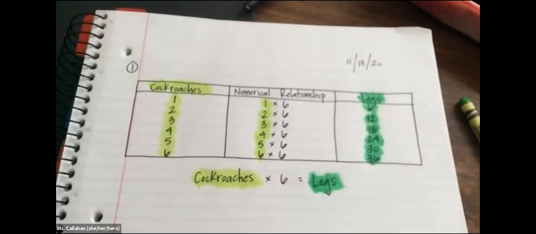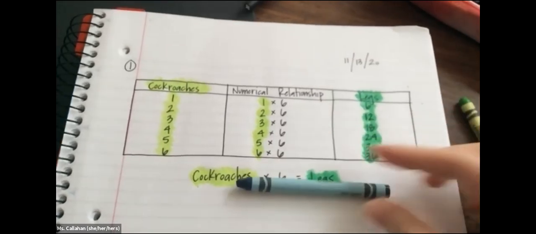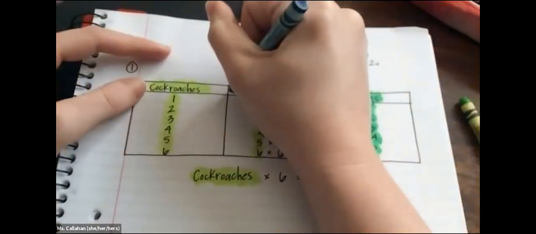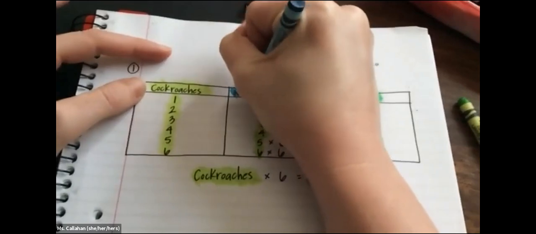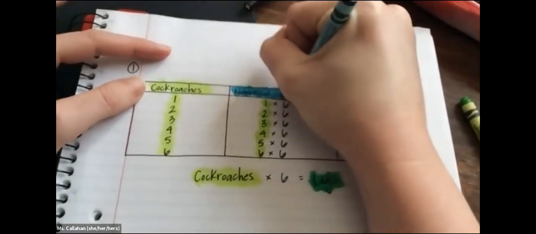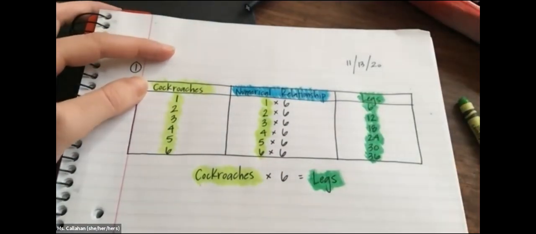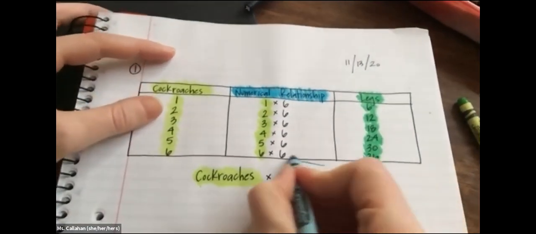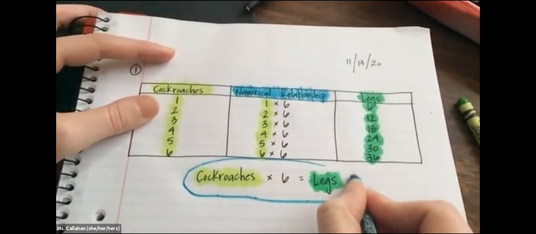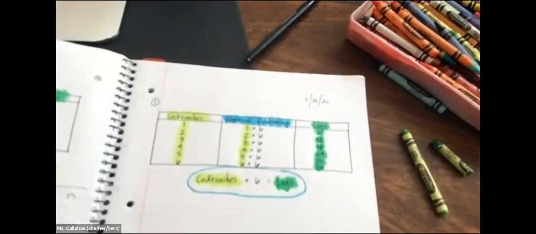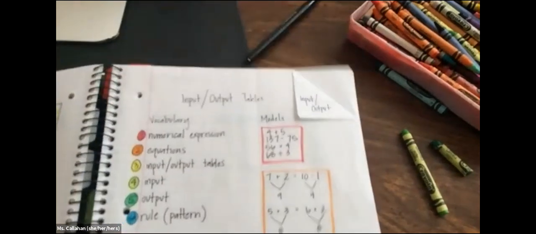Cool. All right, and don't forget about your light blue. I'm using blue-green. Go ahead and highlight or label your numerical relationship with the blue, and circle your rule. So just a friendly reminder that in our notes, if we look back to Monday when we first started taking notes, this will help our brains.